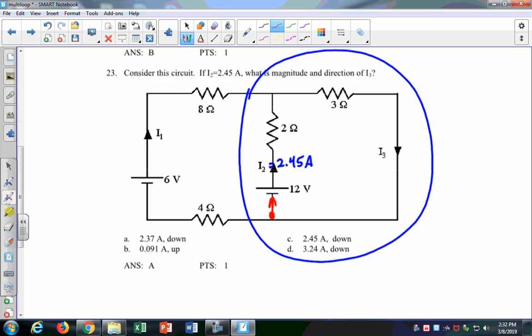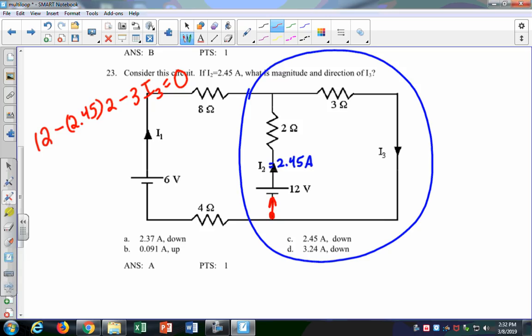So I have positive 12, minus 2.45 times 2, minus 3I3. And then that's equal to 0.